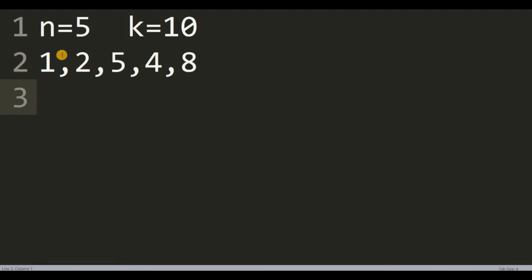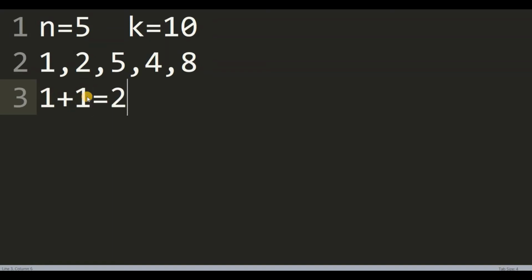So let us see for the first person how many moves it will take to capture the chef's pawn. If he is at the first square, then in the next move he will move to the second square, that is 1 plus 1, because the current position is the first square and he can move one position ahead.